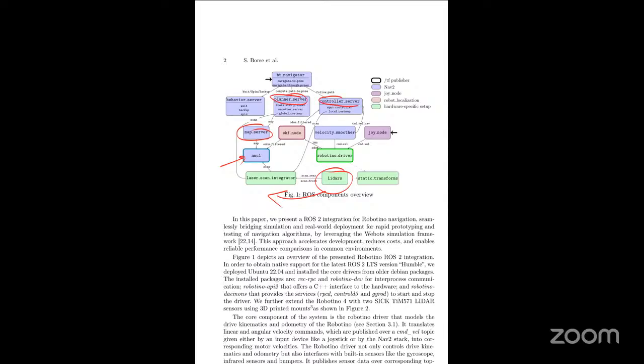Controller server, right? Velocity smoother, right? Robotino driver, robot motors.